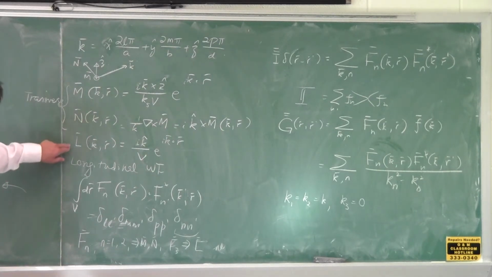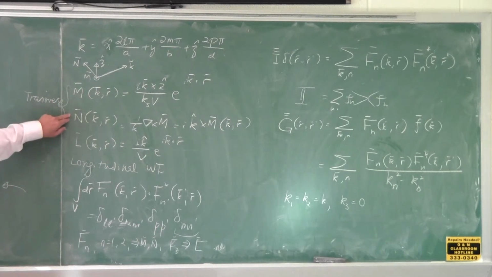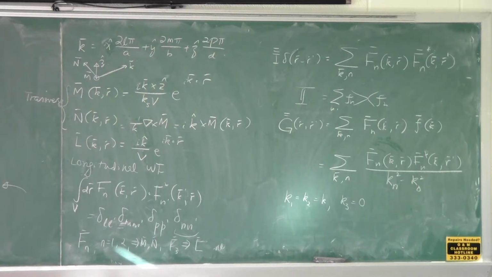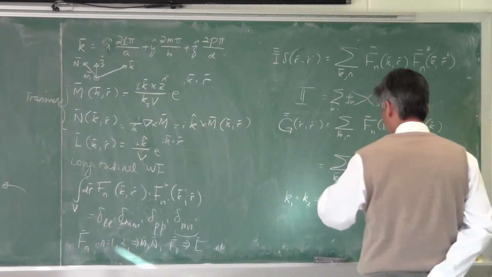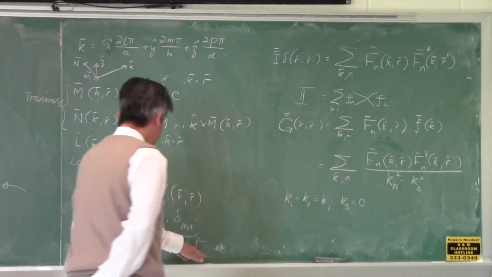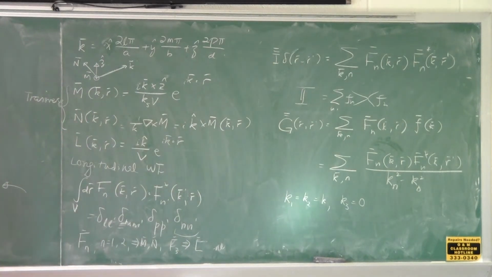And we can easily show that this transverse mode gives eigenvalues of k squared in this equation. The longitudinal mode, when n is equal to 3, represents the longitudinal mode. And you can easily show that the longitudinal mode satisfies this equation with k equal to 0. Okay, so that's a shorthand way of writing this direct Green's function.